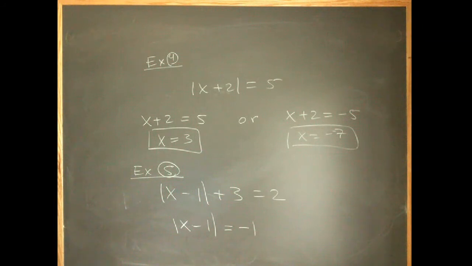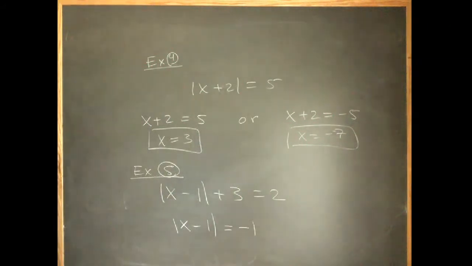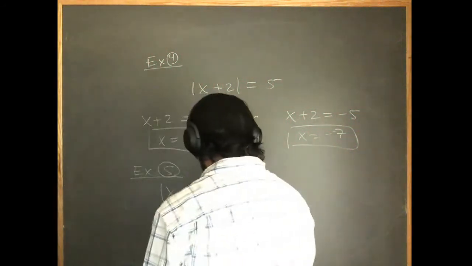What is going on here? We don't go to two separate equations like we did up here. What do we write down? Angelique has the right answer here. So it's no solution. And we don't have to show any more work from here. We just say no solution.